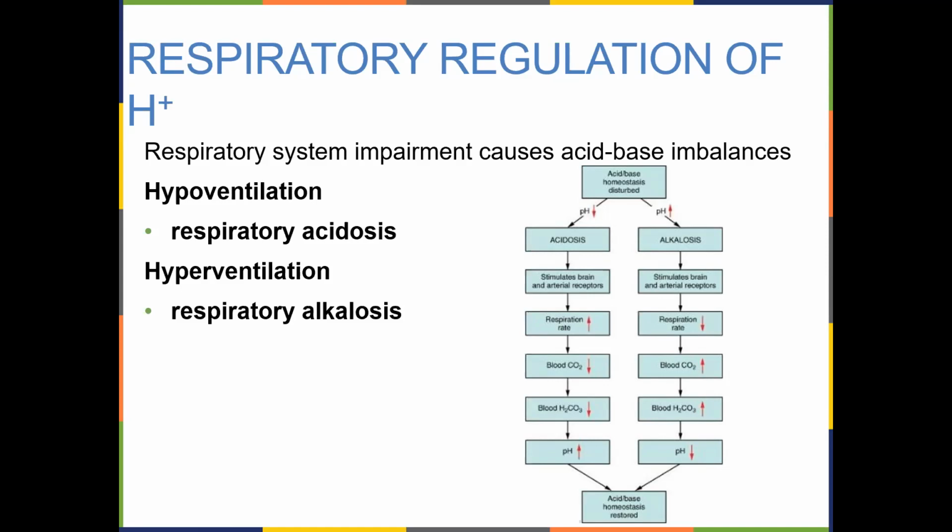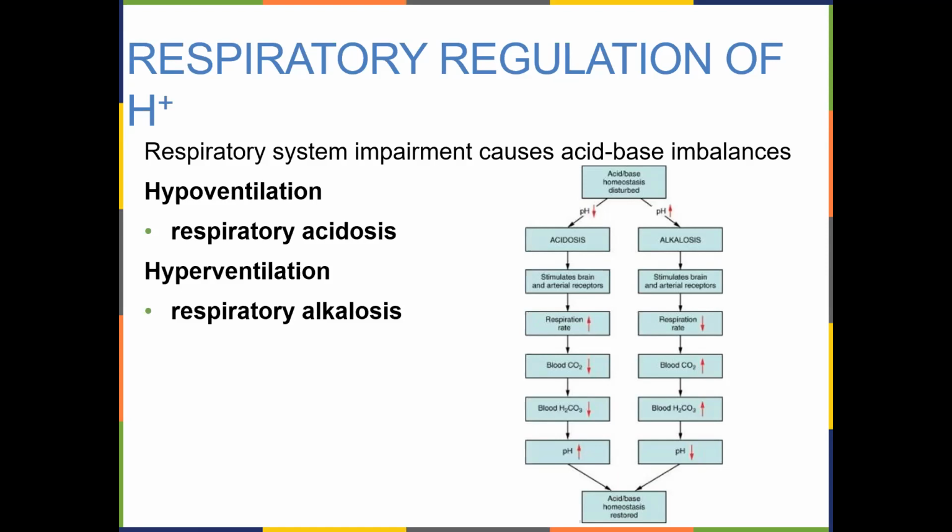Hypoventilation drives them into respiratory acidosis. This is a new term, respiratory acidosis. The lungs aren't working properly to get rid of all the CO2, so CO2 accumulates in the plasma. It's driving the pH down. Either the breathing rate is depressed, as in a person who has taken an overdose of pharmaceuticals or has suffered some sort of trauma to the medulla, their breathing rate may be suppressed.